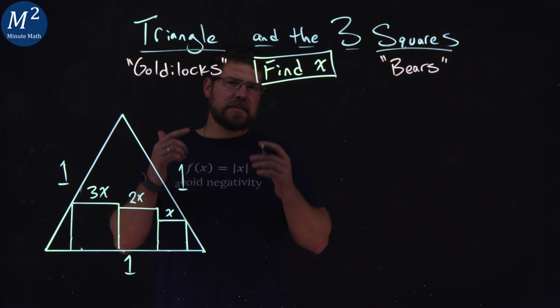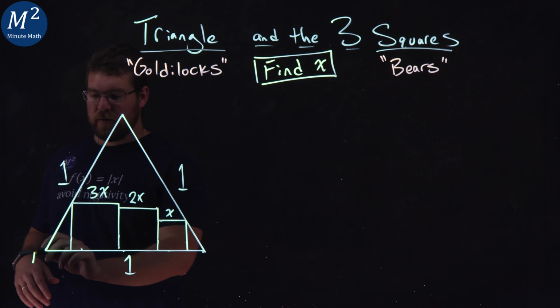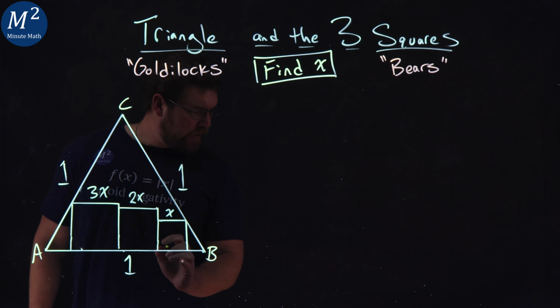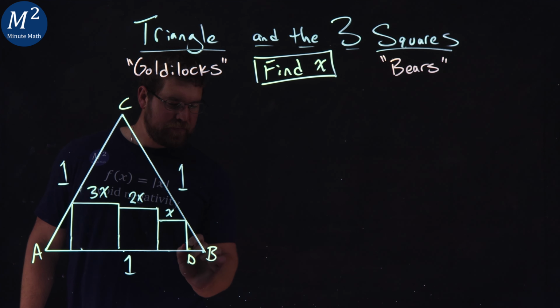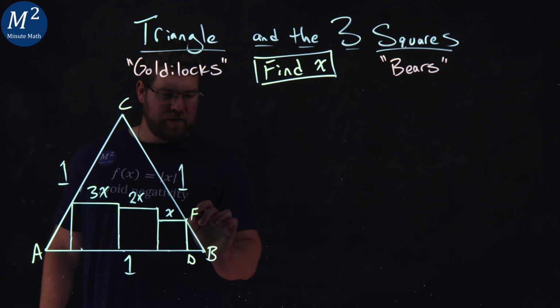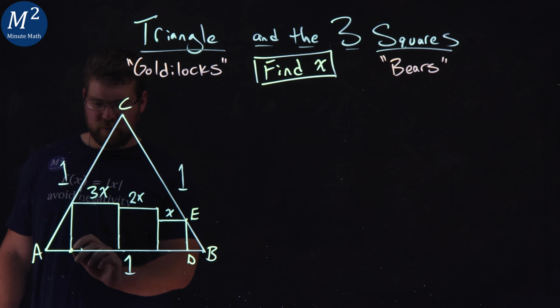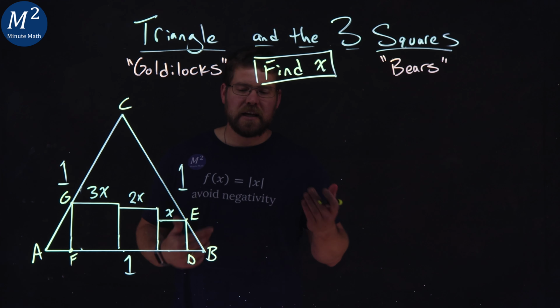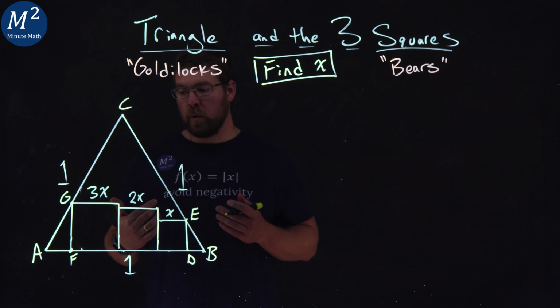All right, first things first, let's label some points. Let's call this A, B, C, and this is D. Call this one E, and then F for this one here, and G. And I'm going to give you the overall goal here.